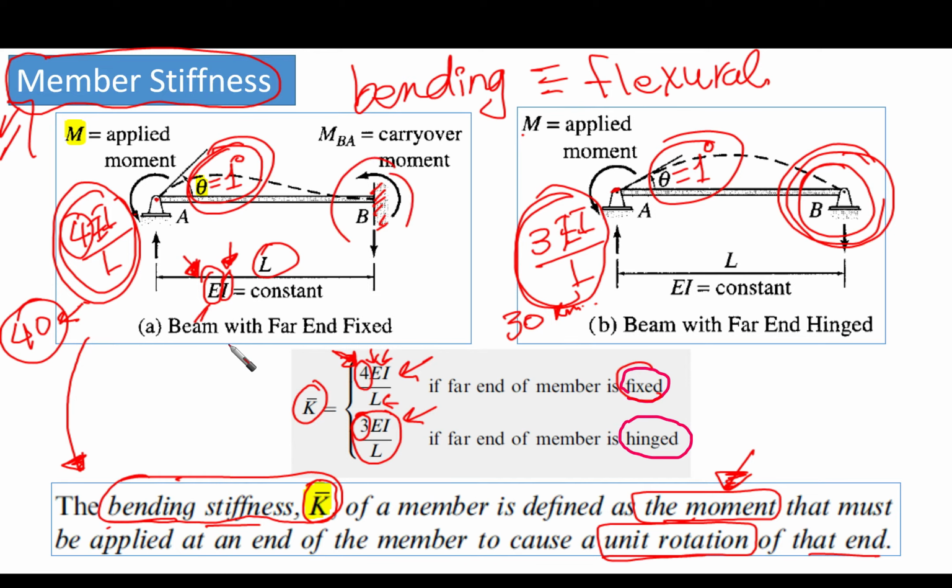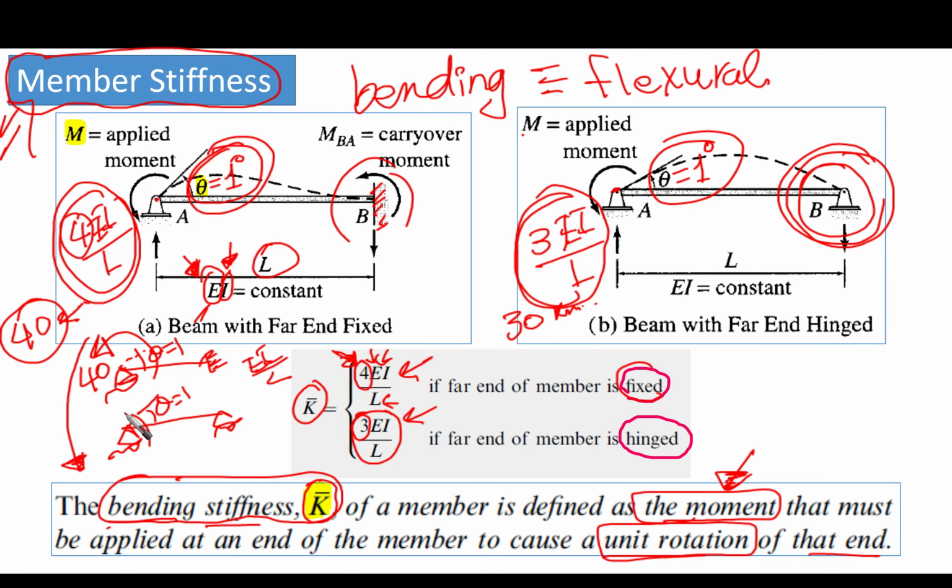So if, for example, I say to you that you have two cases of beams, one where the far end is hinged and one where the far end is fixed, and they have the same EI over L, and I want to rotate both of them by a unit rotation, theta equal to 1, then I need here, for example, 40 something kilonewton meter.